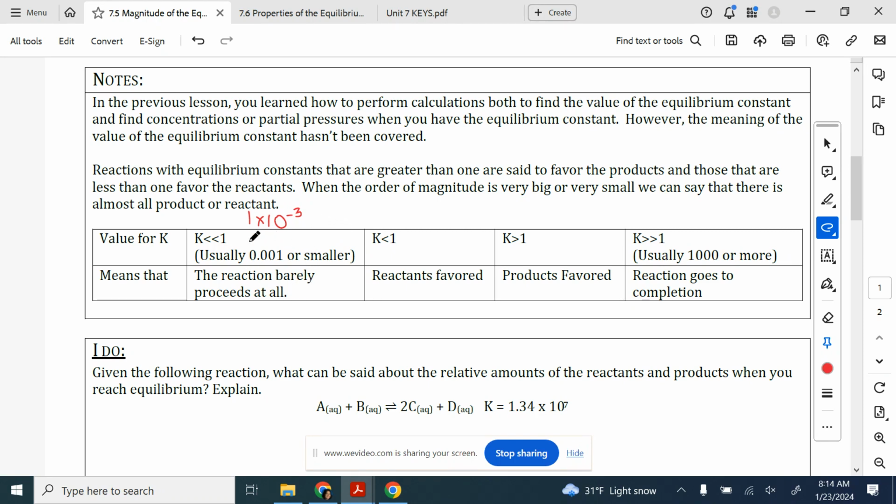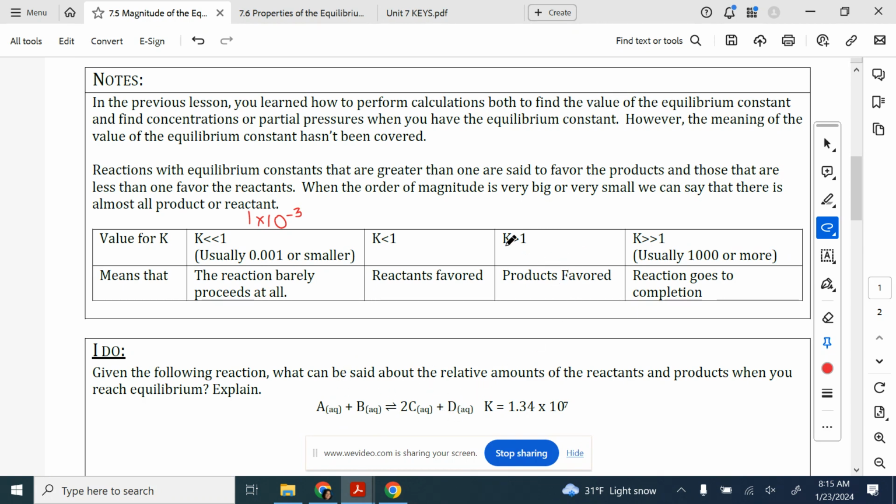That reaction is going to barely proceed. You're not going to end up with hardly anything on your product side. If your K is less than 1, then typically your reactants are favored. You're going to have more of these, a higher concentration of these versus these guys.